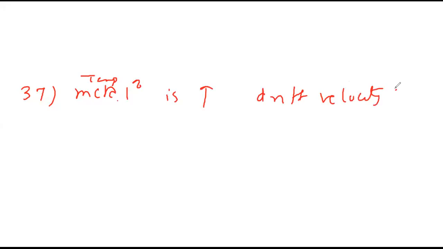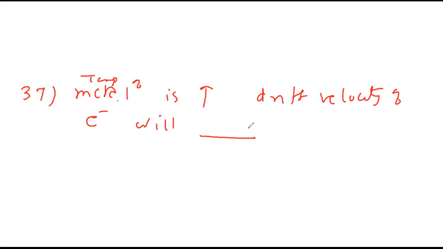37. If the temperature of a metallic conductor is increased, drift velocity of electron in it will remain same, increase, decrease, or no change.